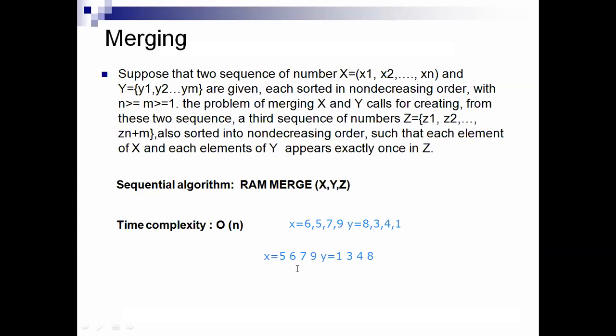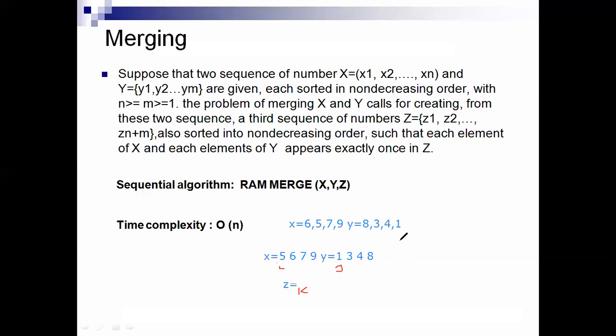Then I take another variable, z, to store the result of merging these two arrays, that is the third variable. I am taking an index for x as i, for y as j, and for z as k.